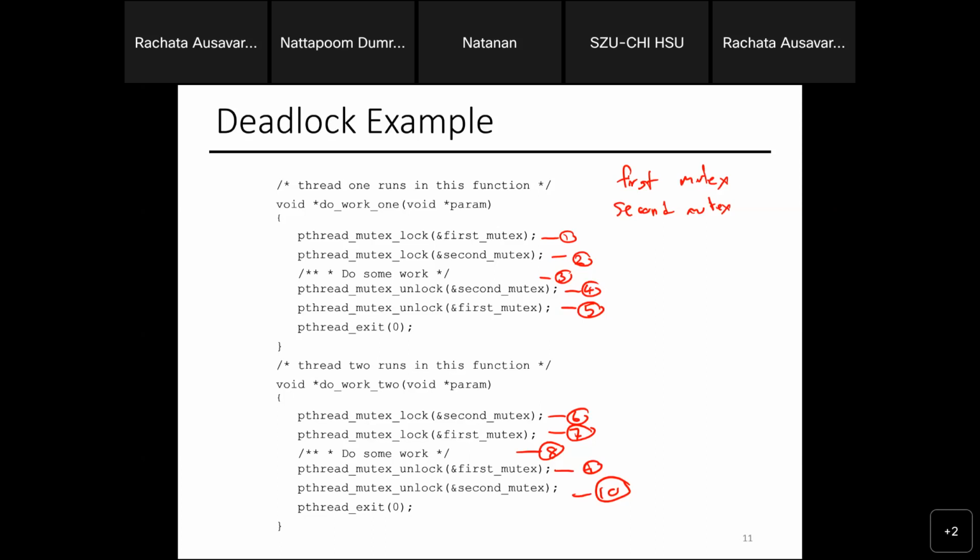Which also means that if you run this program 1,000 times, what are you going to see? Somehow it works, somehow it doesn't work. All right, fun. But here is one example of deadlock, and this happened just based on the order of the instructions that the CPU chooses to run.